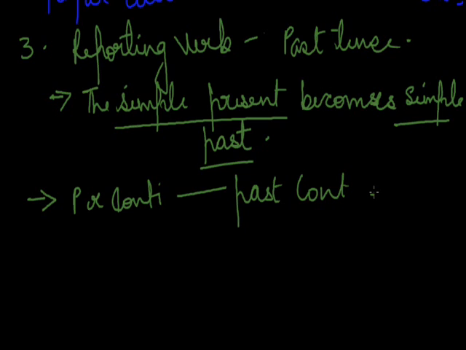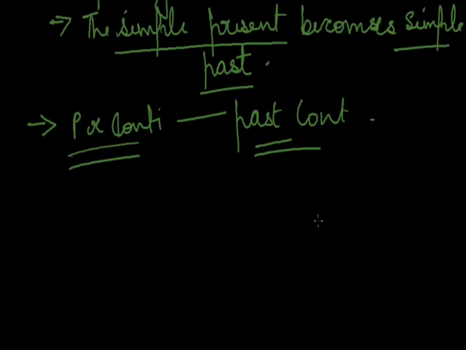The sentence which Shravan said is in present continuous, so now we will change it into past continuous. The sentence which Shravan said is "Miss Rose is watering the plant," which is present continuous. Changing it into indirect speech, we will say: Shravan said that Miss Rose was watering the plant.